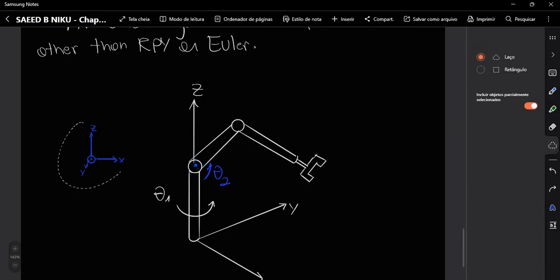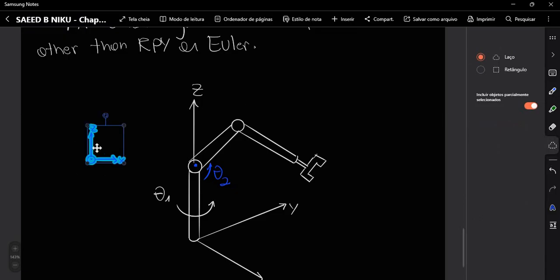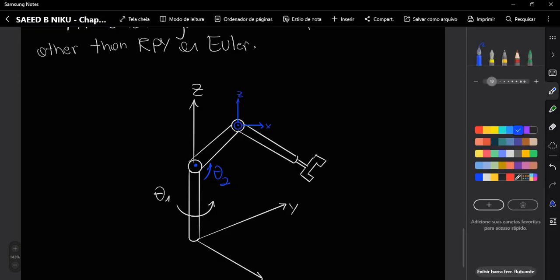Let me place this right here. A third rotation, again an imaginary frame.